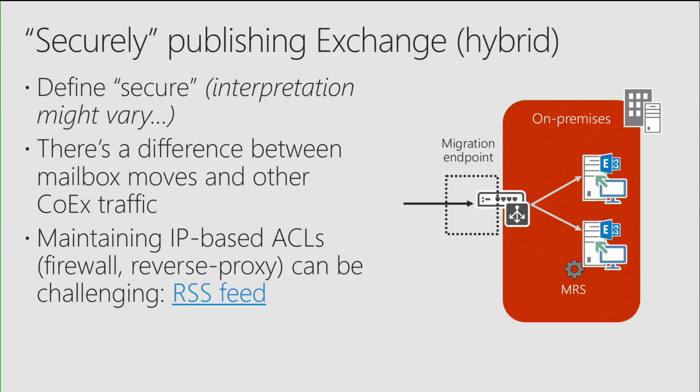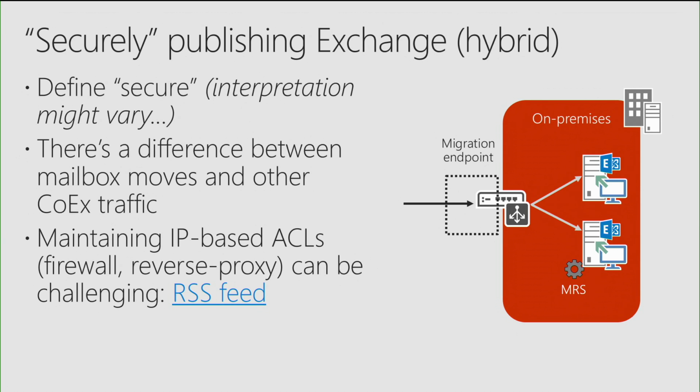If that helps with the security and risk conversation, some customers actually go to the length of having migration endpoints that are added and removed on an ongoing basis with different credentials to try and mitigate the risk of having those credentials leak or be discovered in some way. Certainly, as I mentioned, you can maintain IP-based ACLs, so you can lock down this traffic to only originate from Office 365.